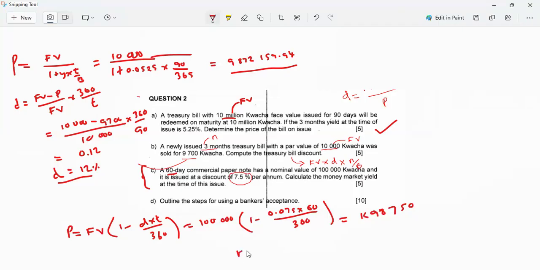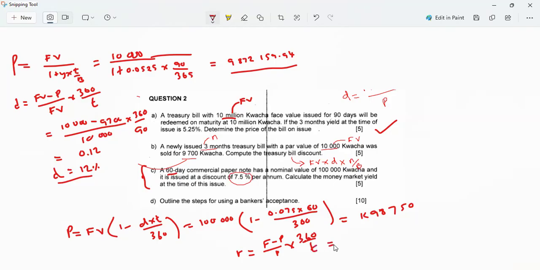So the market yield is simply F minus price calculated over price times 360 over time. 360 is standard.